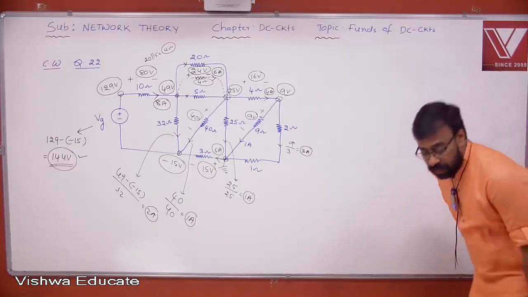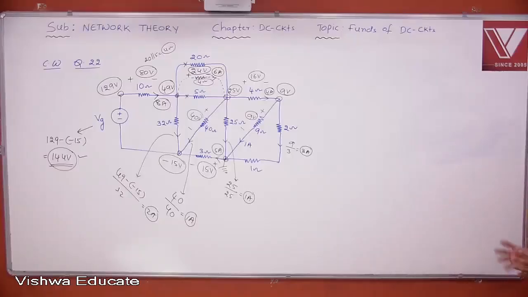That is why I stretch more on the elaborated discussion in DC circuits, because if you are a master in DC circuits, in my view, you are a master in entire network theory.